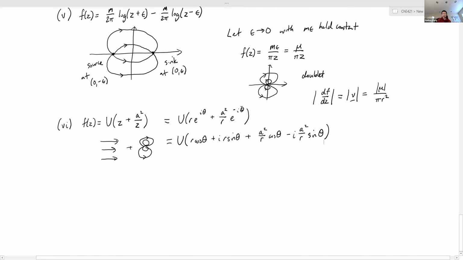So therefore, e to the negative i theta is cosine of negative theta, which is just cosine, and then sine of negative theta, which is negative sine, right? And so then I can get the real and the imaginary components of this and group those together. The real component of this looks like this. And the imaginary component looks like this.